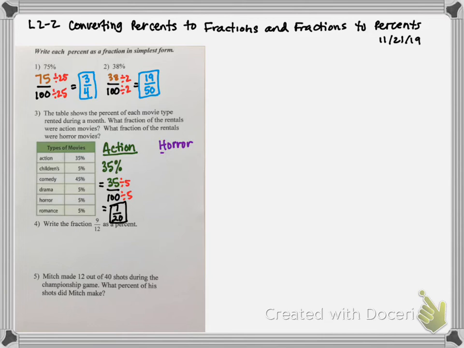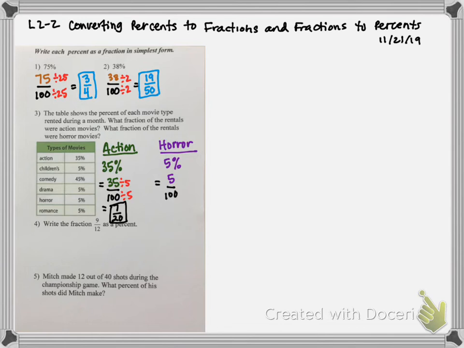Not my favorite genre. I know a lot of you guys like it, though. 5%. So that's going to give me, as a fraction, 5 stays in the numerator. And then I'm going to represent percent by per 100, divide by 100.